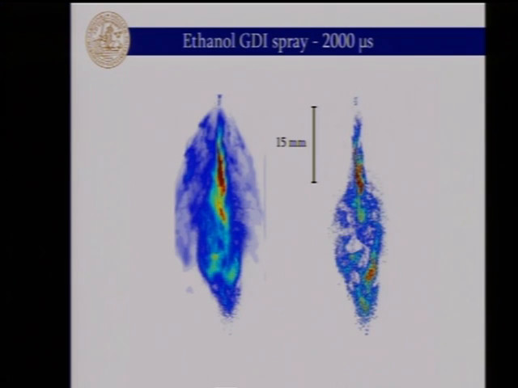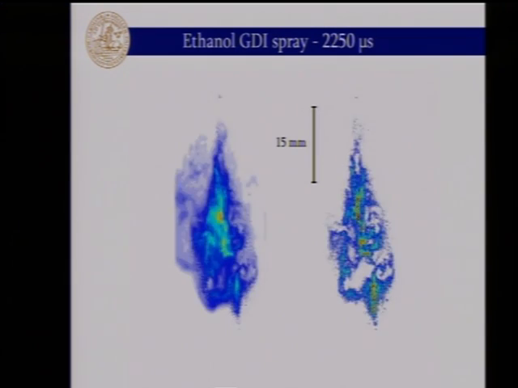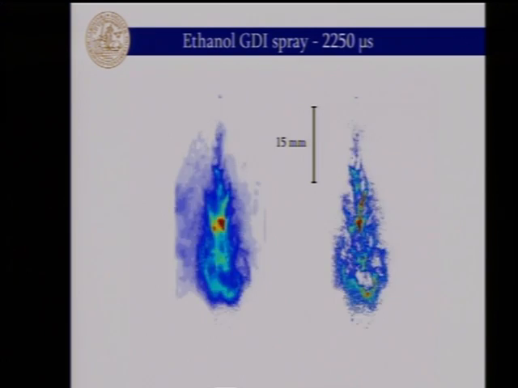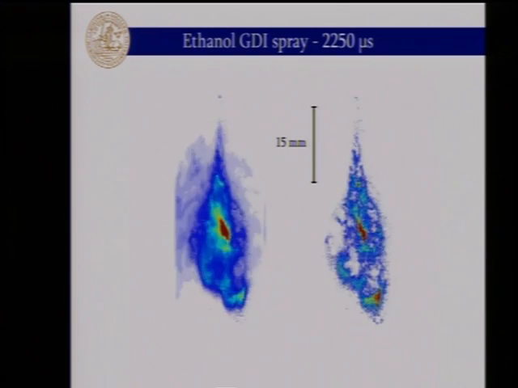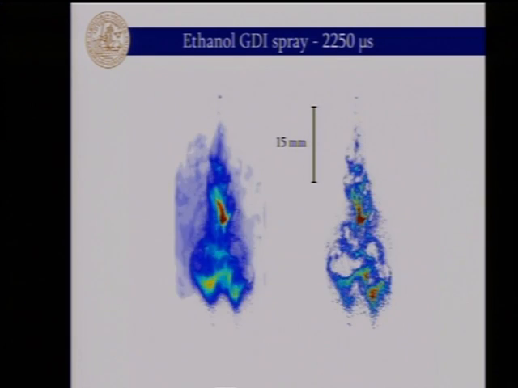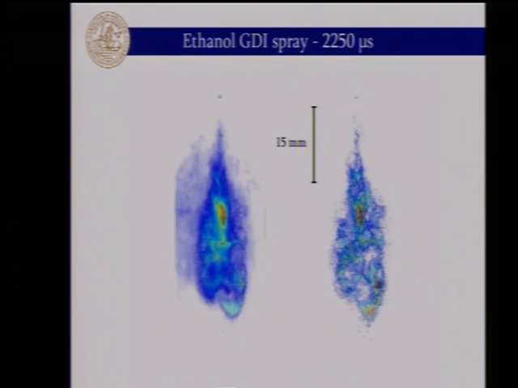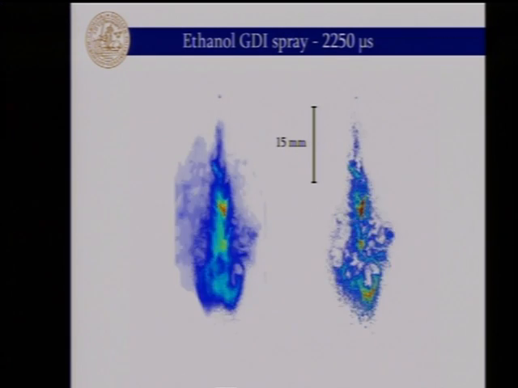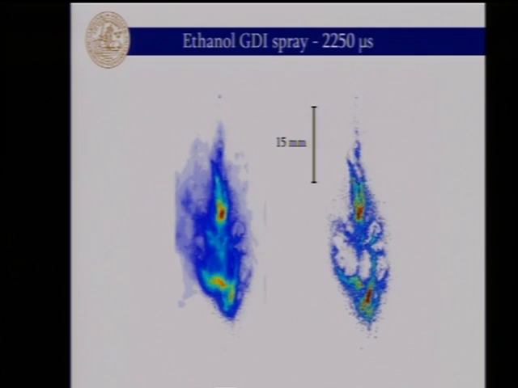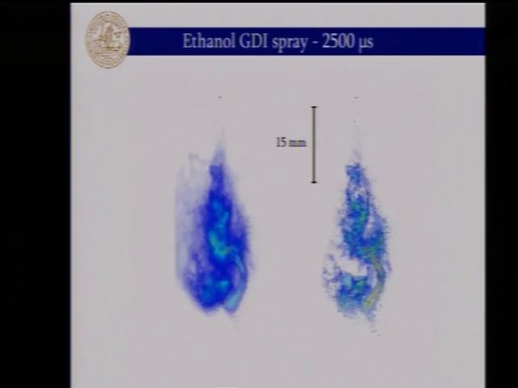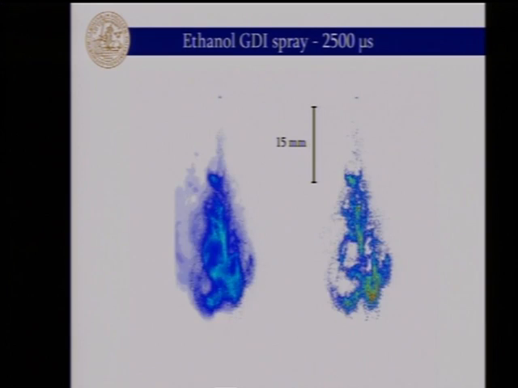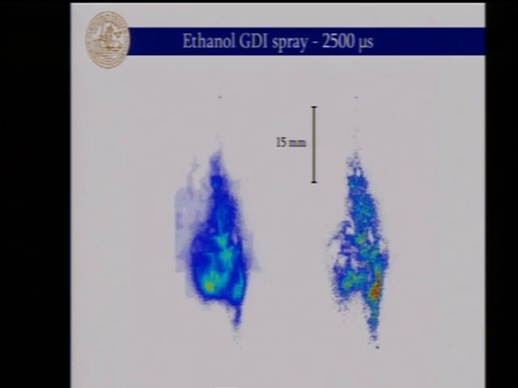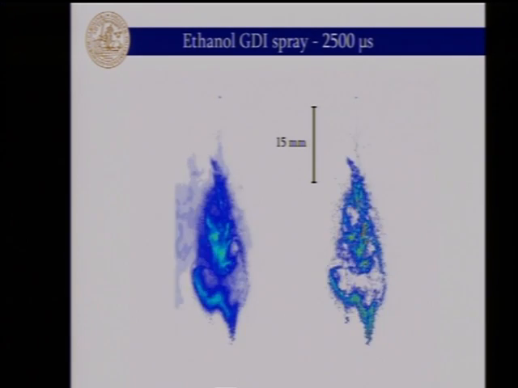Now if we look at 250 microseconds later, so the spray has moved further down, we can see that there is a reduction of light intensity. In this case, it was liquid laser-induced fluorescence, not Mie scattering. And then again, 250 microseconds later, so at 2,500 microseconds after injection start.